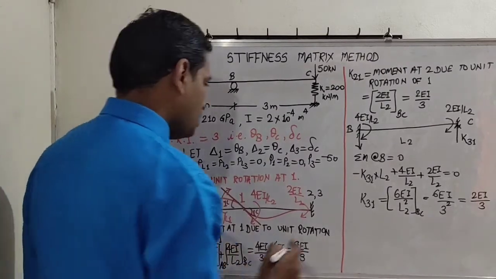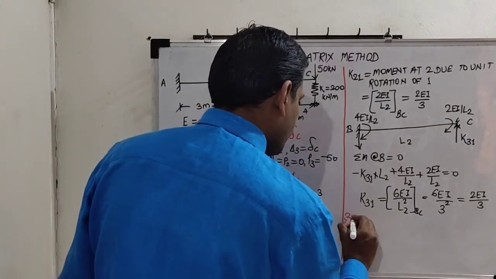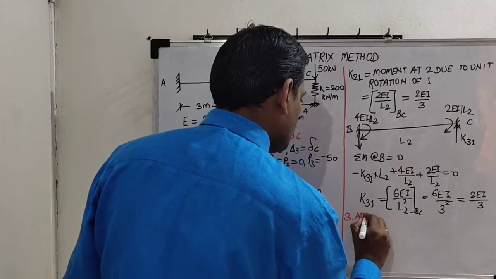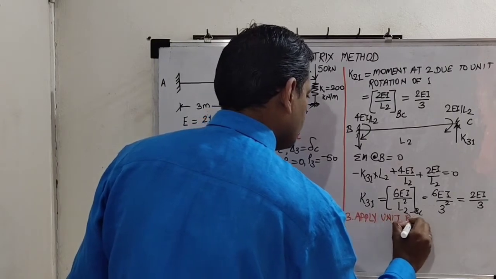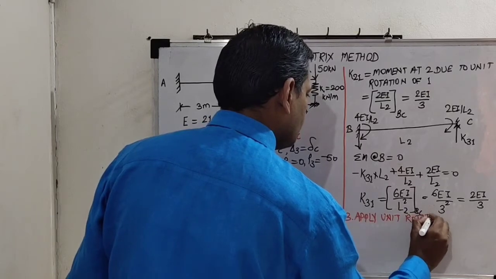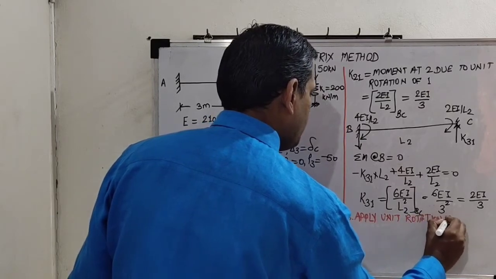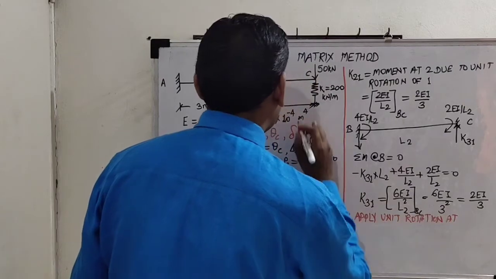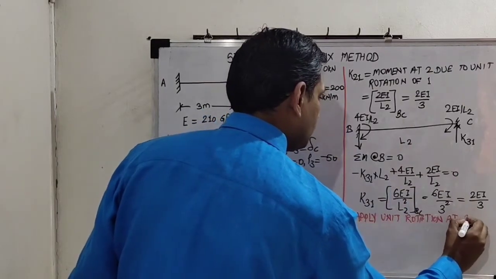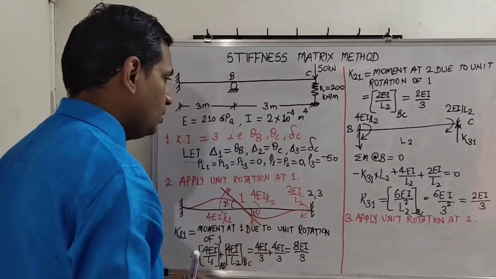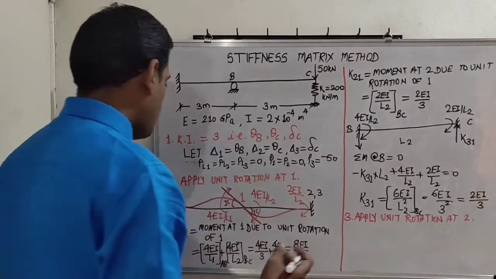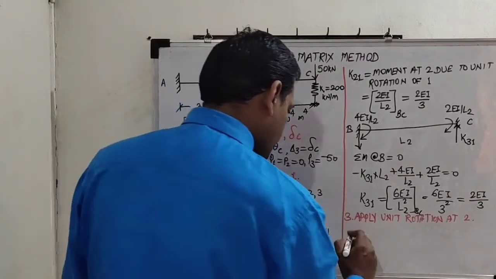Next, step number 3. Go to second unknown, make it 1. So apply unit rotation number 2. Okay. So again, draw deformed shape.